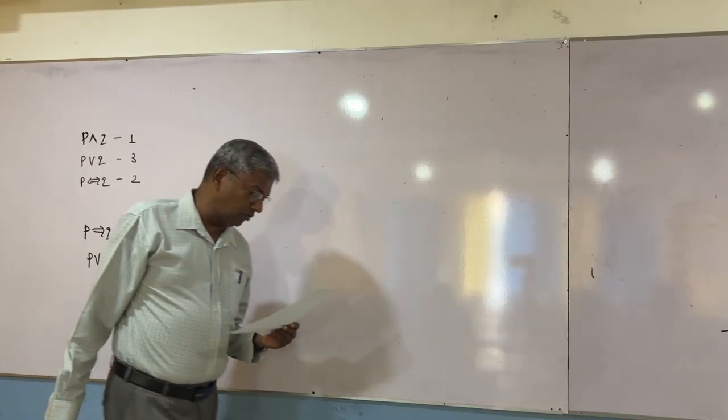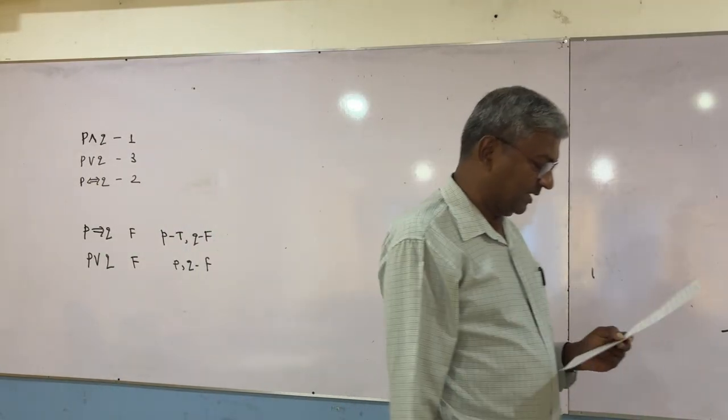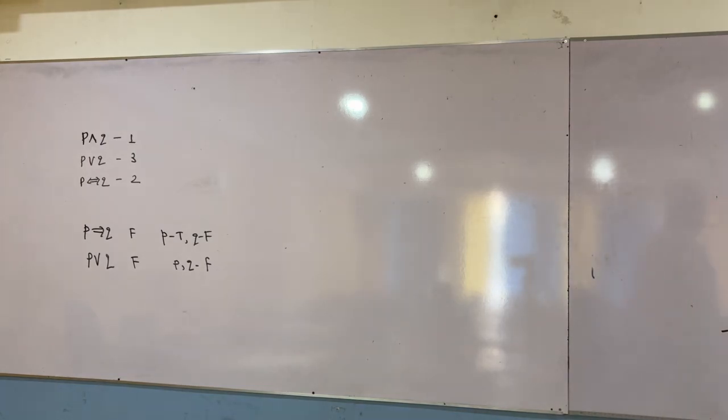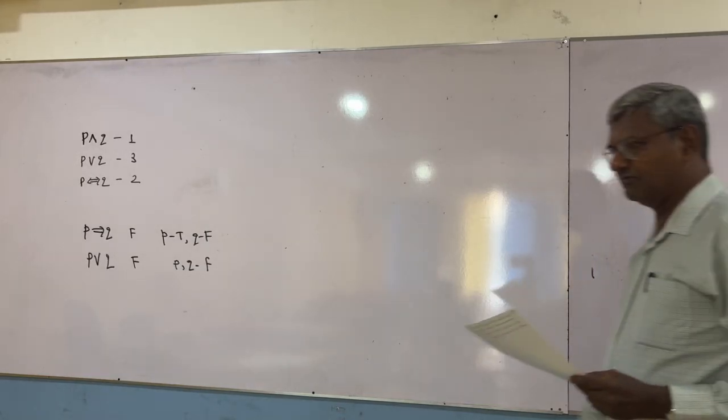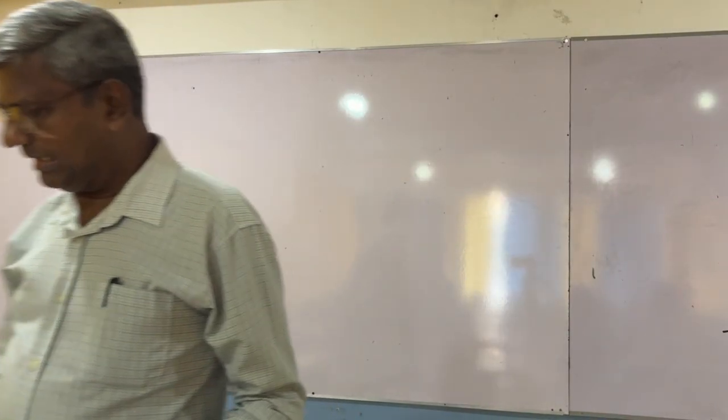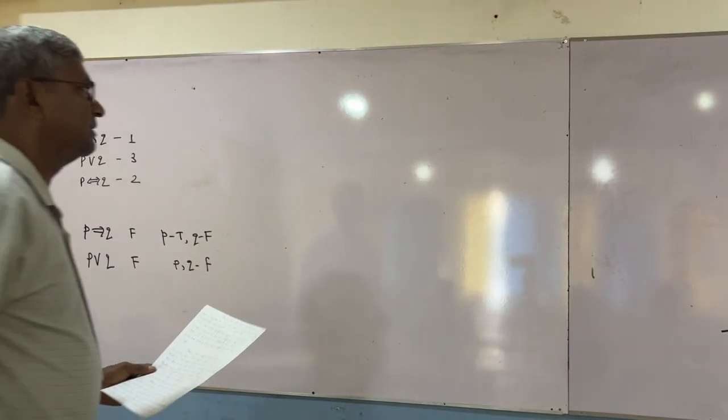Hence show that no two of P and Q, P or Q, P implies Q, P if and only if Q are equivalent. You can count and say it is not a logical thing, but it is one way of convincing yourself that all of them are different.